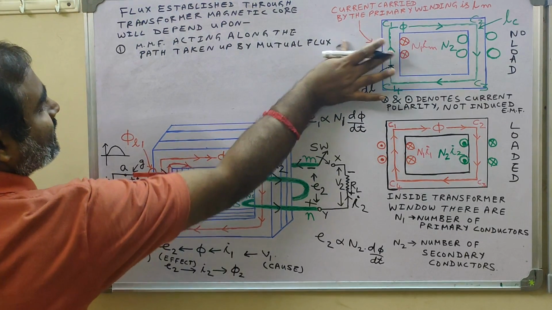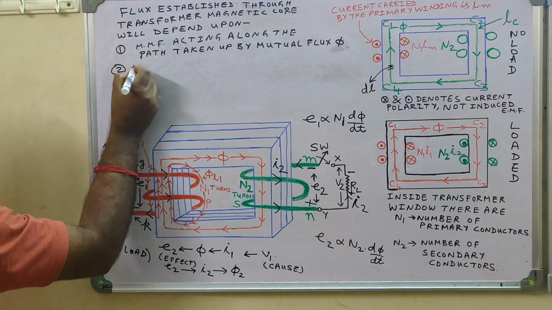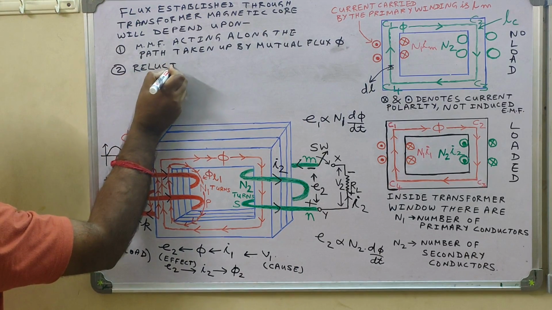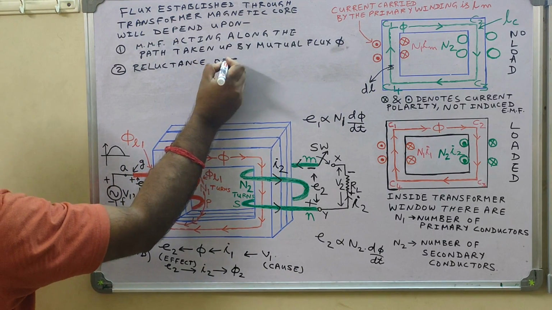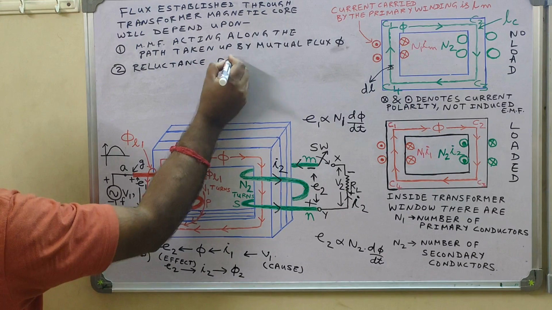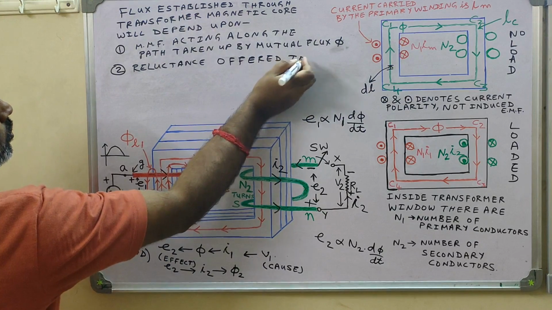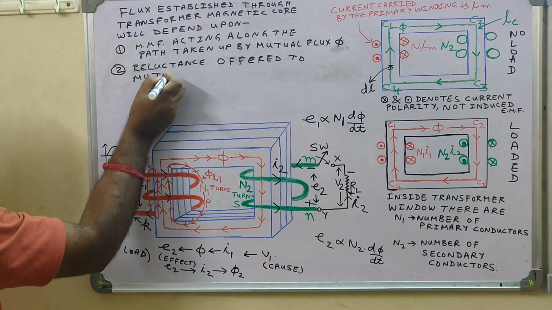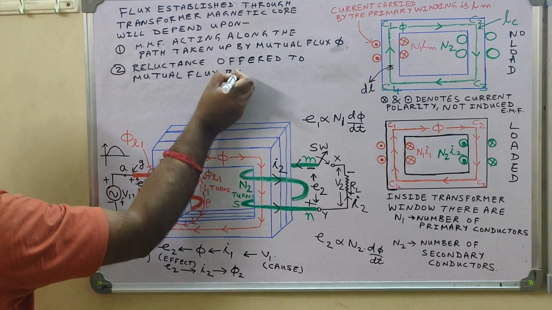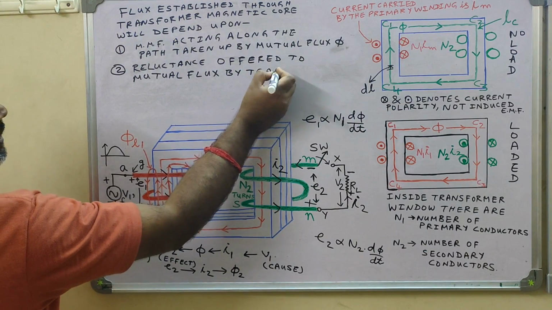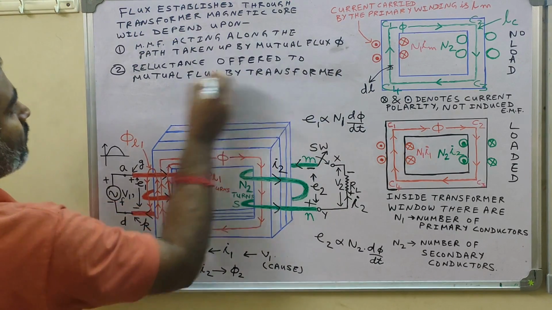Let's say phi. The mutual flux is written as phi. What is another path? Another portion? Reluctance offered to mutual flux by transformer magnetic core.